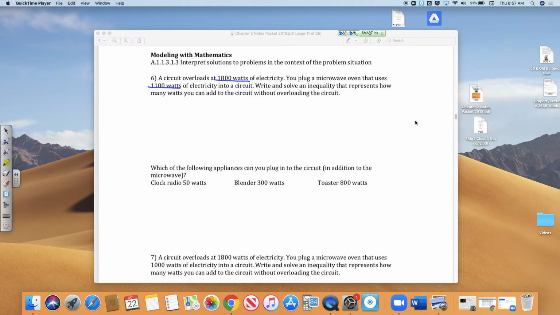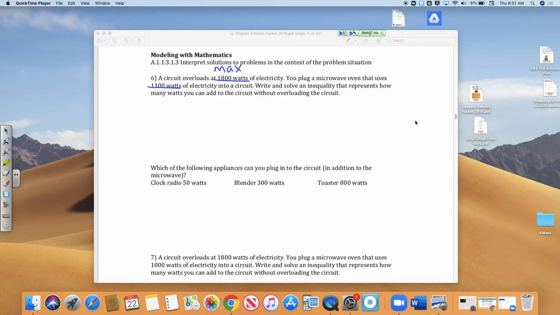Okay. So the maximum amount of electricity you can use is 1,800. I know that. So the maximum is that amount. So I know that all of these appliances that you're plugging in have to be what compared to 1,800? What symbol? Less than or?